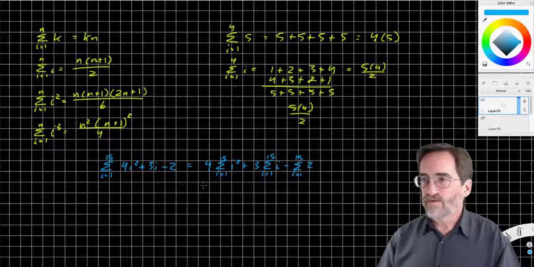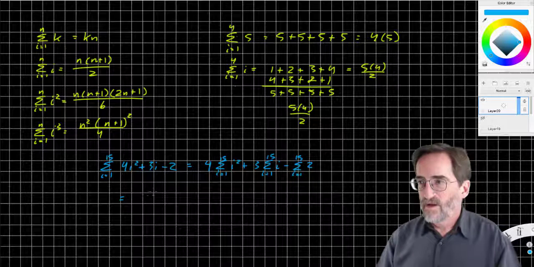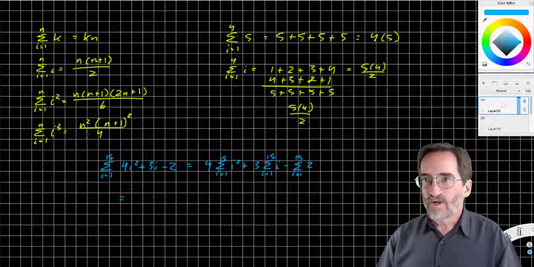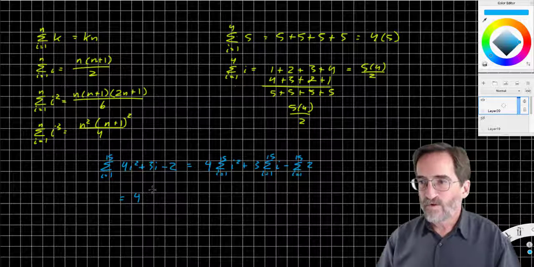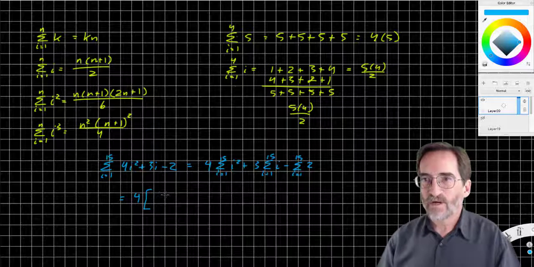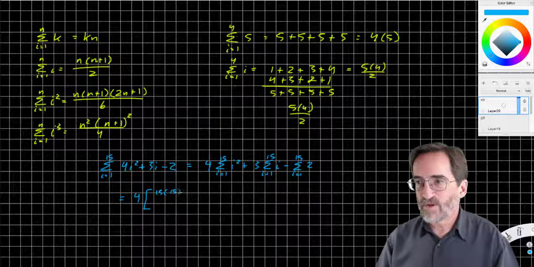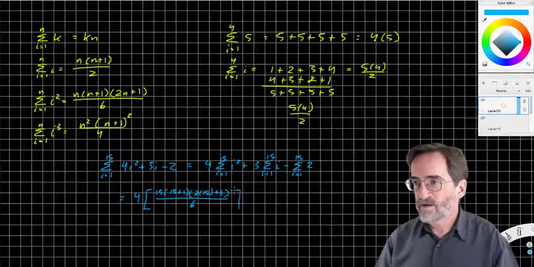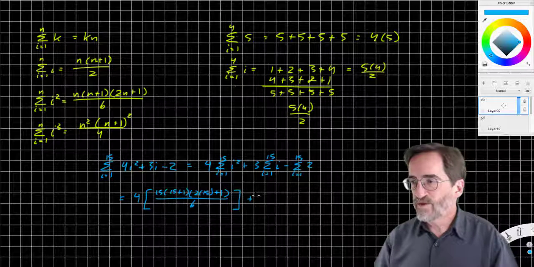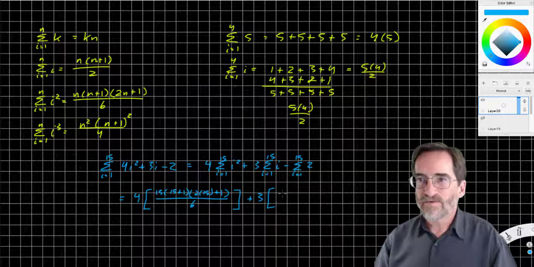Okay, let's use our formulas. The sum of the i squareds is 4 times 15 times 15 plus 1 times 2 times 15 plus 1, divided by 6, plus 3 times the sum of the i's from 1 to 15.